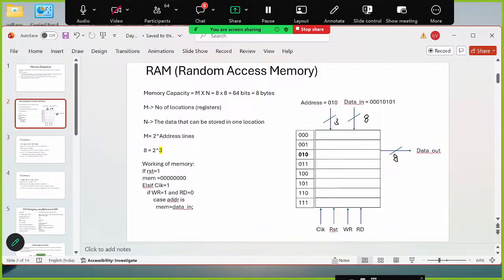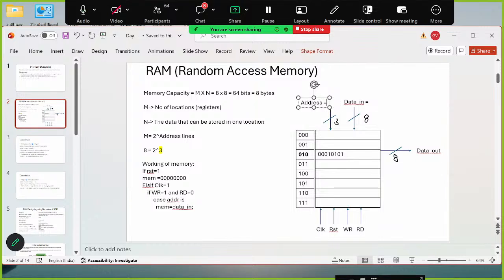Then assert a valid write signal. As soon as I assert a write signal, this data is written into the selected location. In this way, you can write the data.